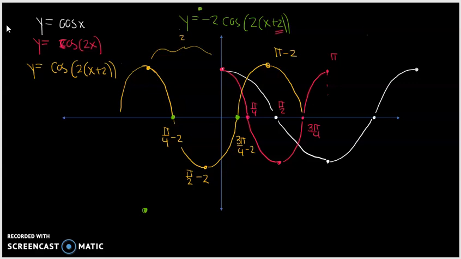We're back at 0. Lastly, -2 times +1 would take me down to there. Now I've got my function, and this green one is the graph that I'm looking for. And there is a graph of -2 times cosine of 2 times x plus 2.